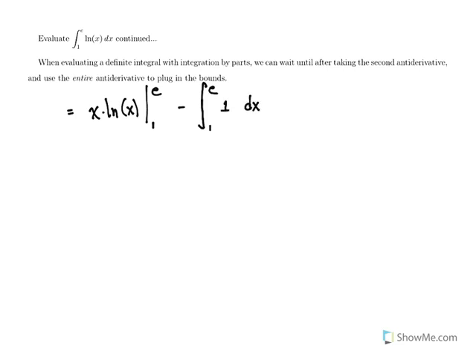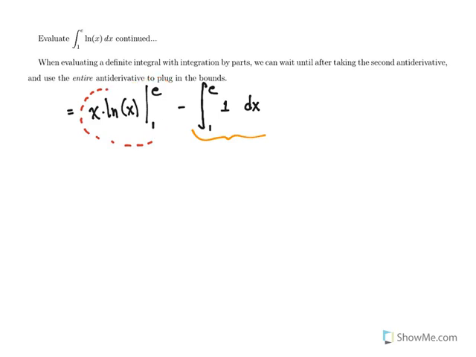And the quick note I have here is that when evaluating a definite integral with integration by parts, we could just wait until the very end after taking this second antiderivative, this second integral, and then plug in the bounds as a whole. I think that's an easier thing to do rather than take care of each part separately. But you could take care of this evaluation from 1 to e and do the evaluation of 1.